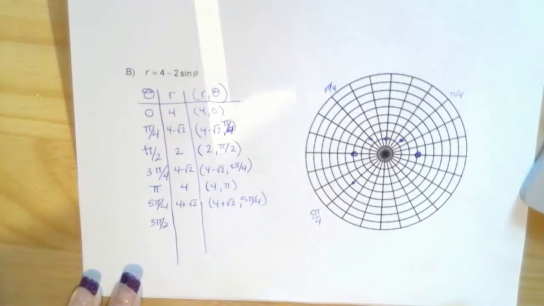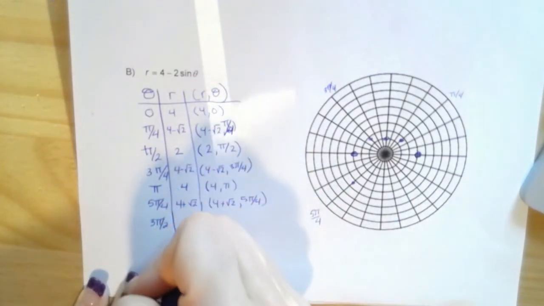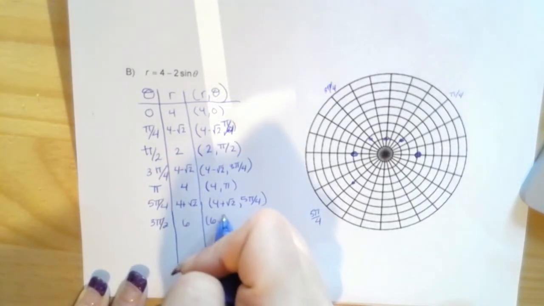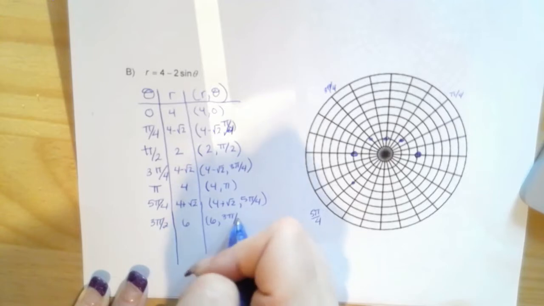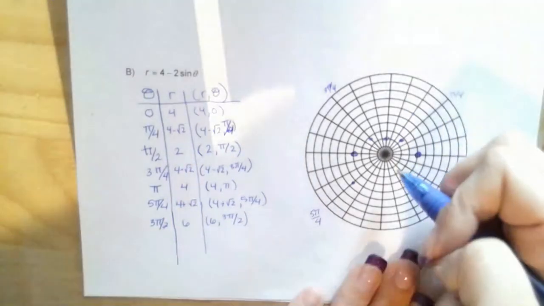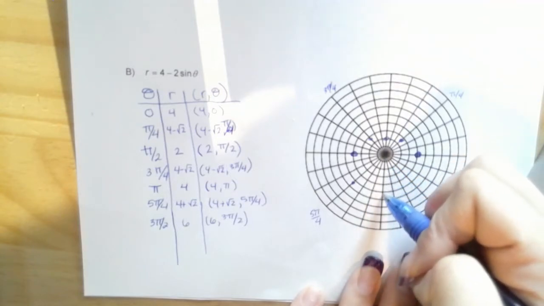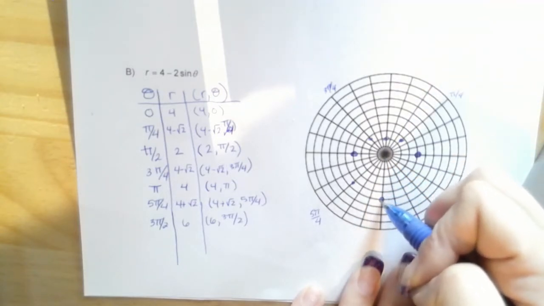Sine 3 pi over 2 is negative 1, so 4 plus 2 is 6. So 1, 2, 3, 4, 5, 6.